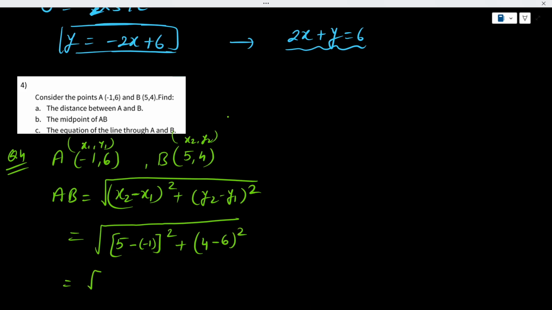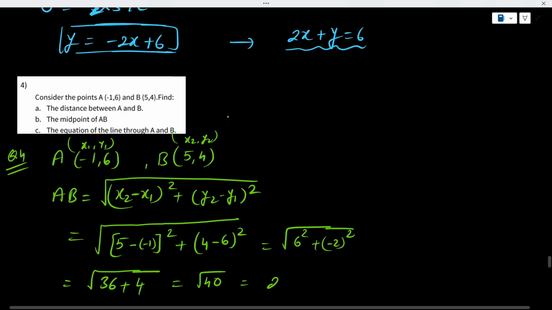And if you do the simplification, it is 5 plus 1 is 6, 36, plus one more step, 6 square plus -2 whole square also. So this is 36 plus 4, which is going to be root 40. Root 40, if you are writing in surd form, is root of 4 times 10, so it will be 2 root 10 units.